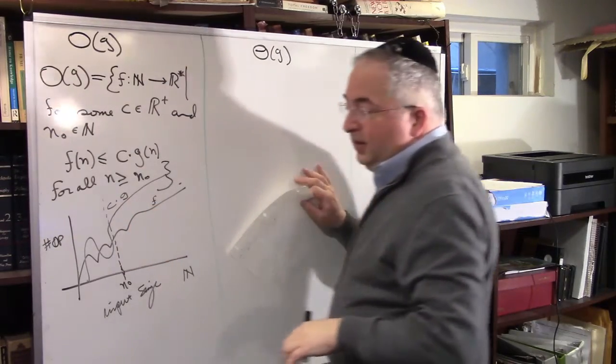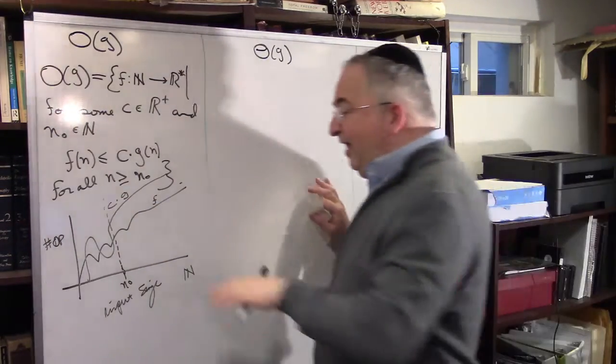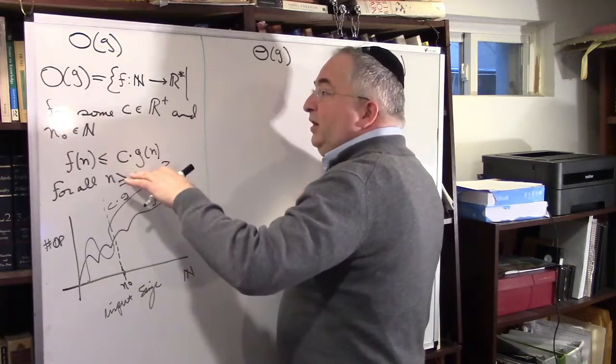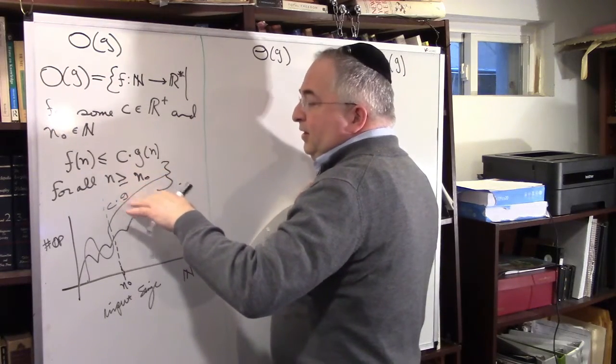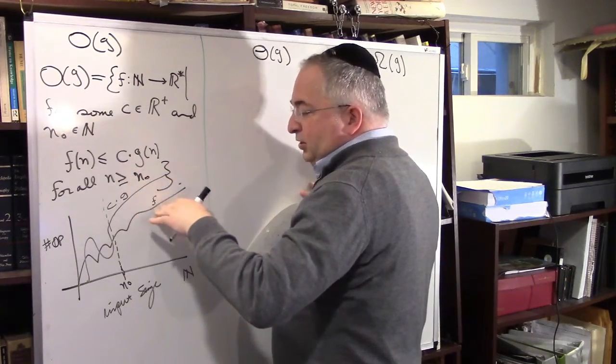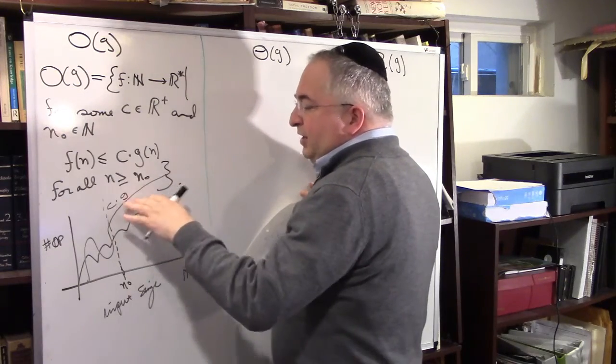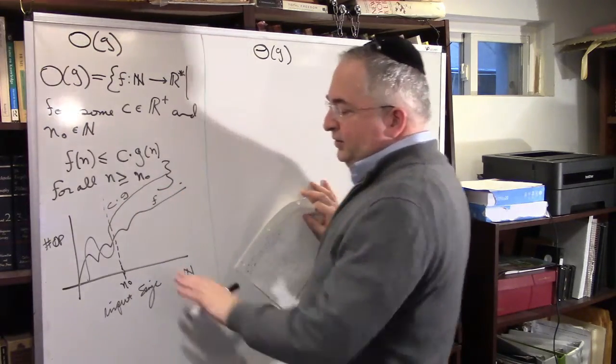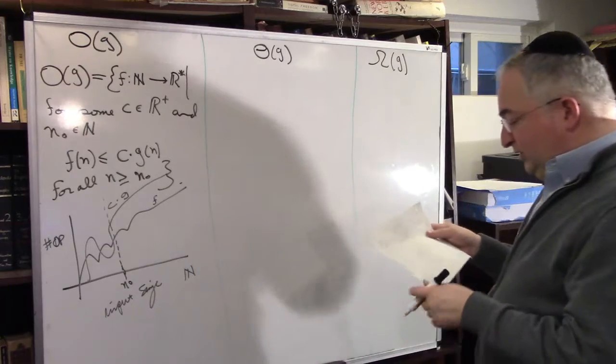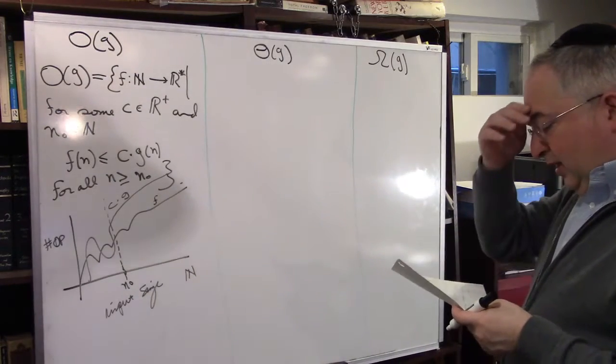So f is bounded; you have C times g, and then you have f below it. So that's nice.